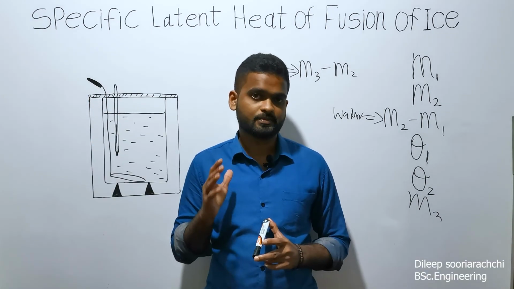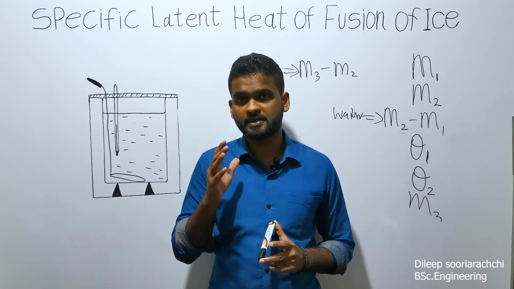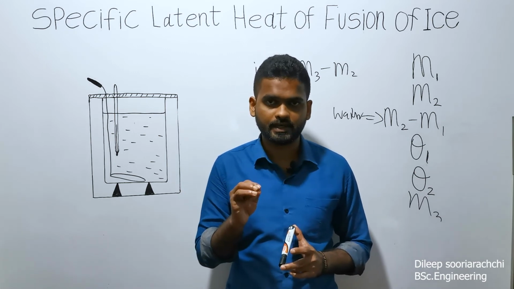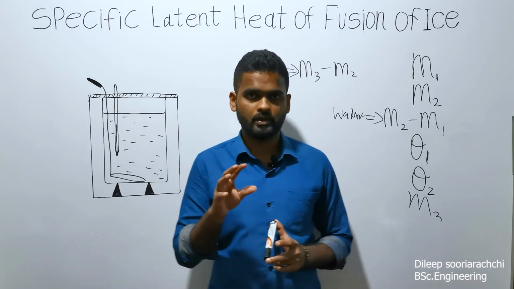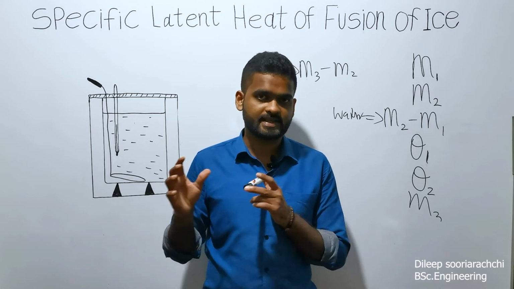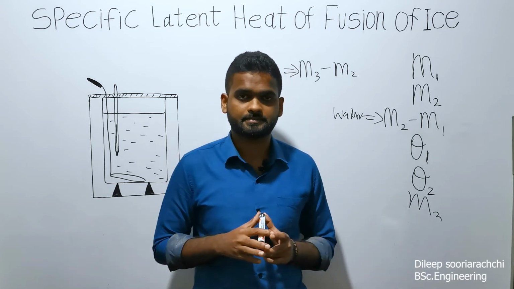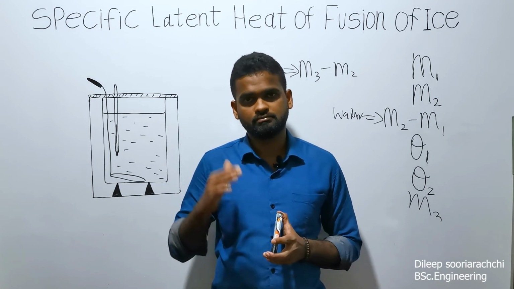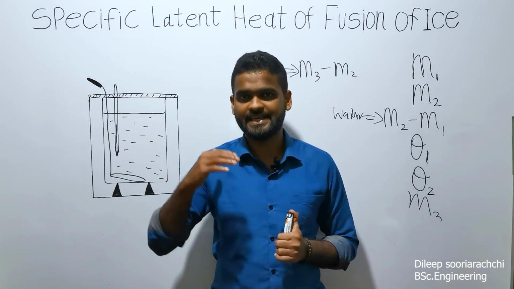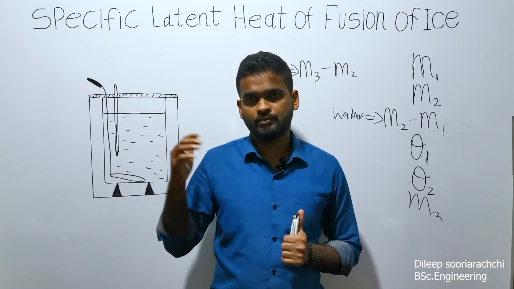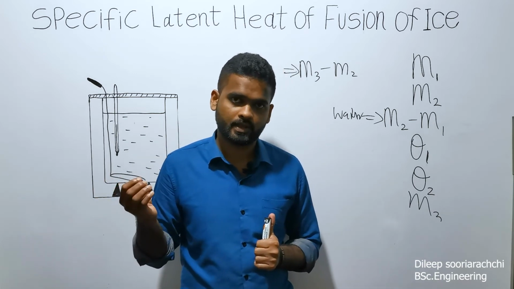When we do experiments using the method of mixtures, we have to make sure that the heat exchange happens only between the set objects or substances. So we have to minimize the heat loss or heat absorbed from the surroundings.